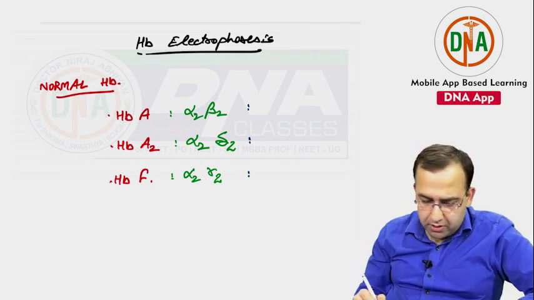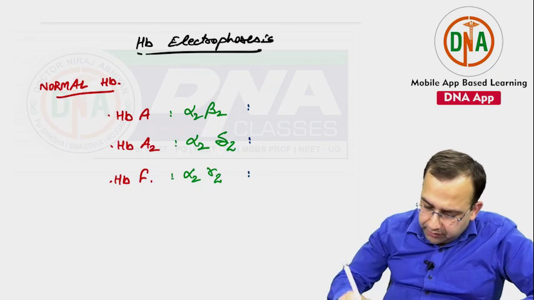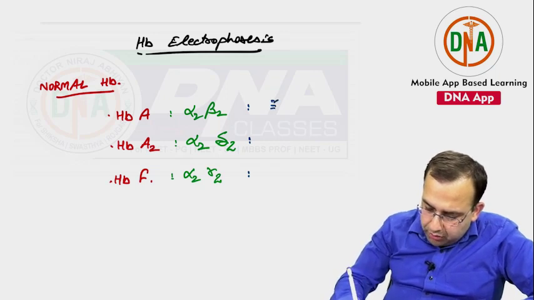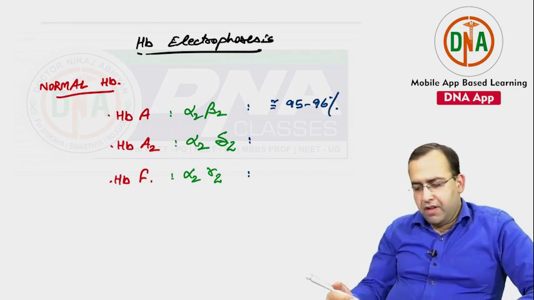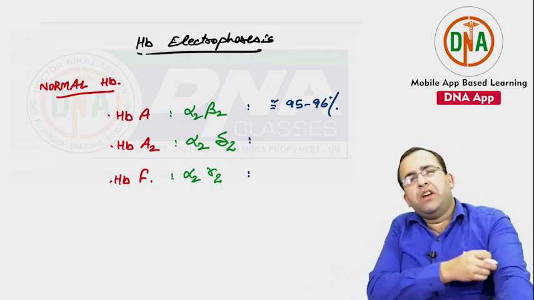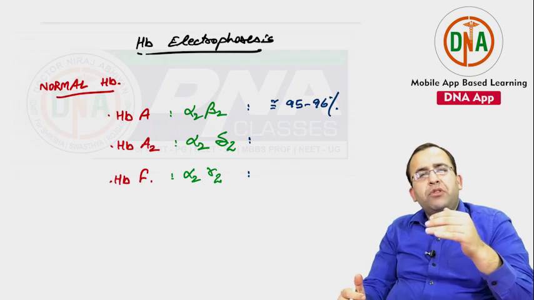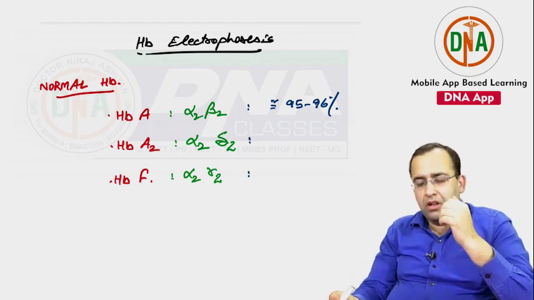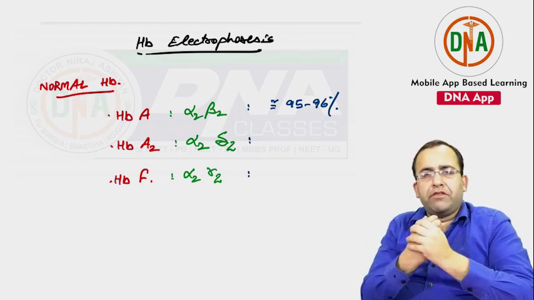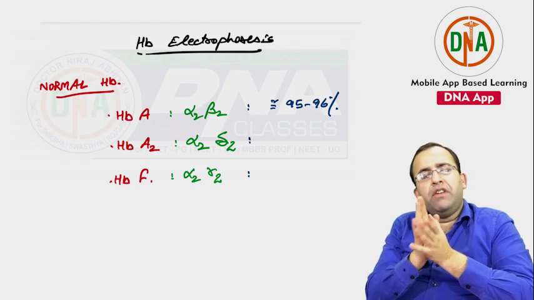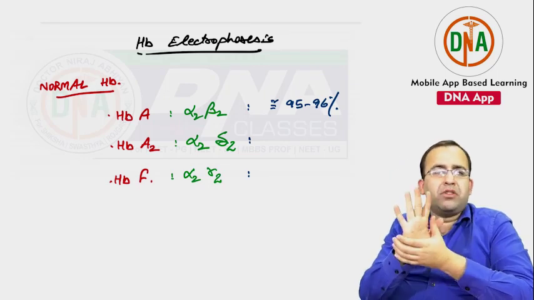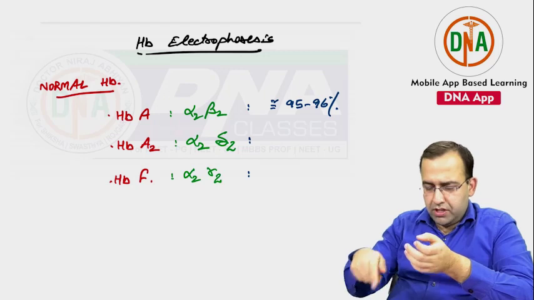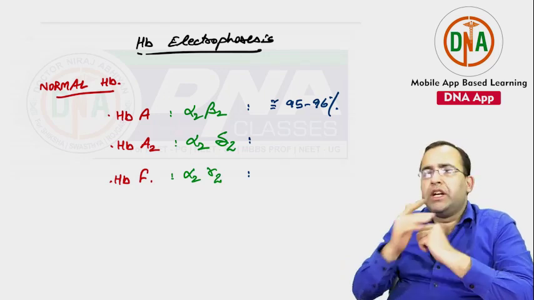Normal percentages. HbA is approximately 95 to 96%. While writing this, I always mind, because it depends upon the sensitivity of the machine. If the machine is highly sensitive, it will detect HbA1c also, which is approximately 5 to 6%, so HbA will become 85 to 90%.